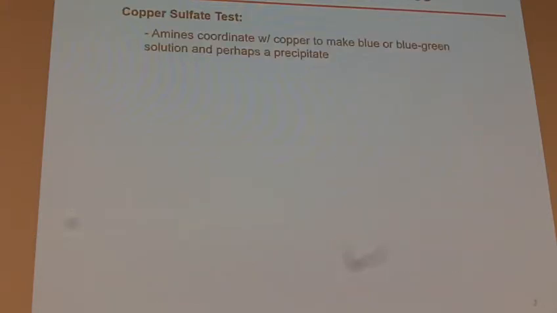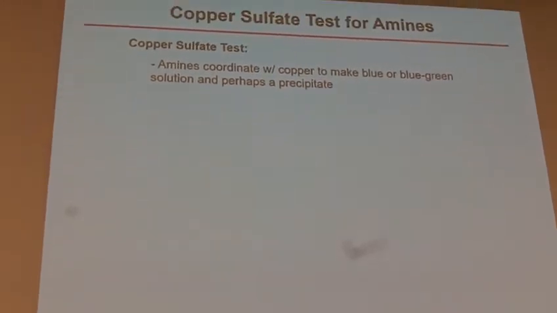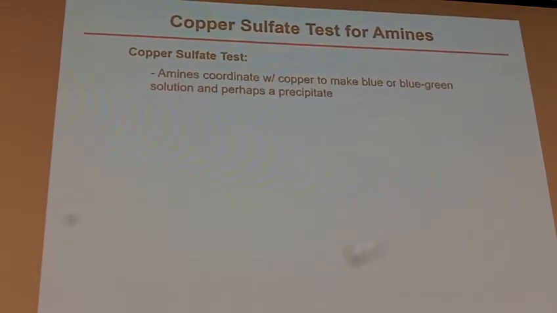All right, so one of the new chemical tests that you haven't seen yet is the copper sulfate test for amines. This is the only chemical test for the nitrogen-containing compounds. What happens if you have an amine present is it will coordinate with the copper to make a blue or yellow-green solution.